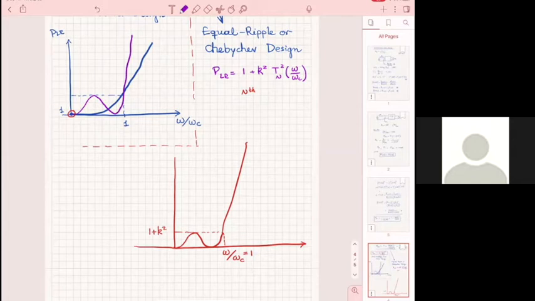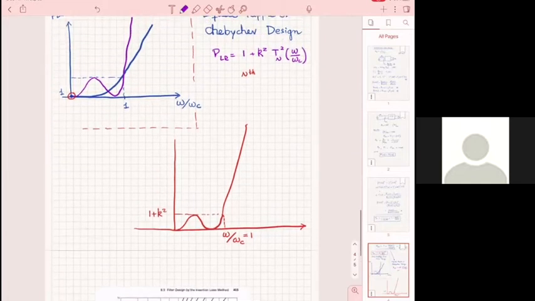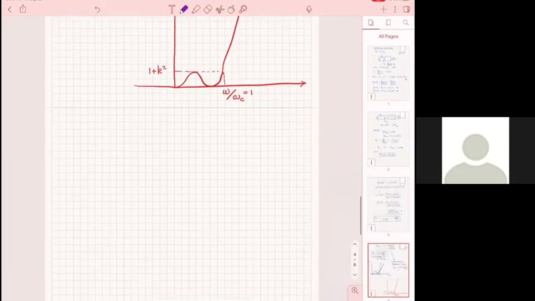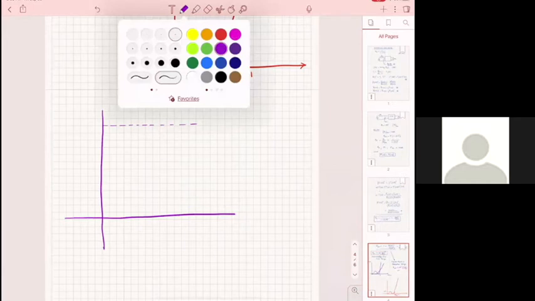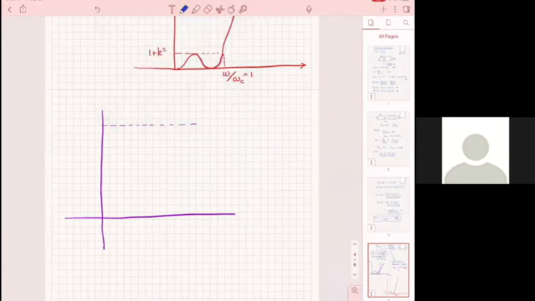So if you now were to invert the way we have plotted the P function, practically in the filters, you're not going to see the P, you're going to see the inverse of that. So you're going to see the same performance, but upside down. For maximally flat, they will look like this, all right?